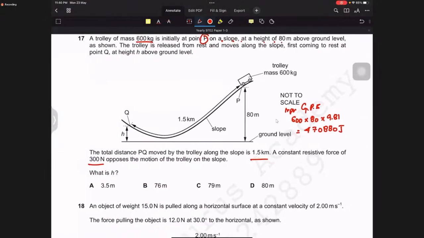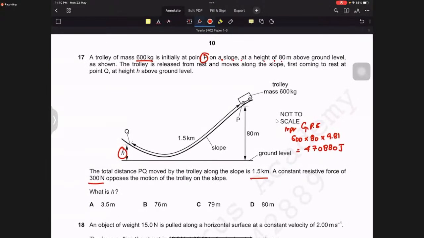And then we need to find this H. At Q, I don't know whether it has stopped or not. It is at rest. It means the gravitational potential energy, the input one, is going into the work done against resistance plus the gravitational potential energy as well.